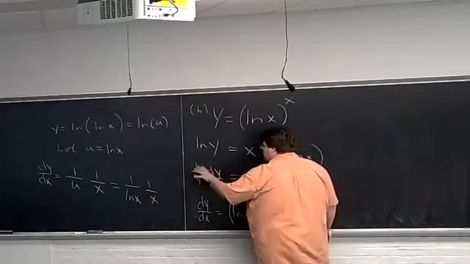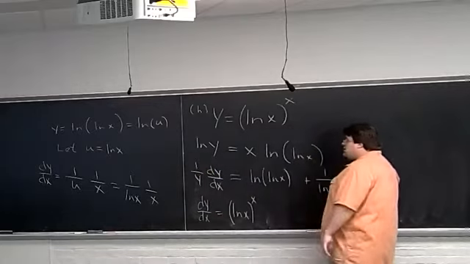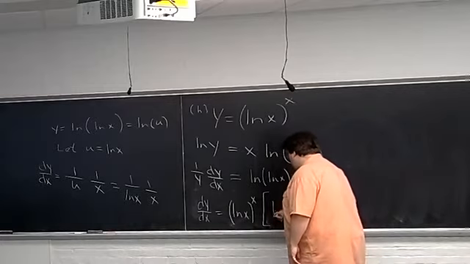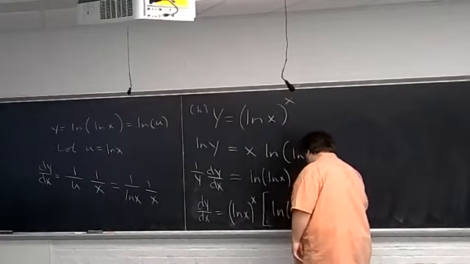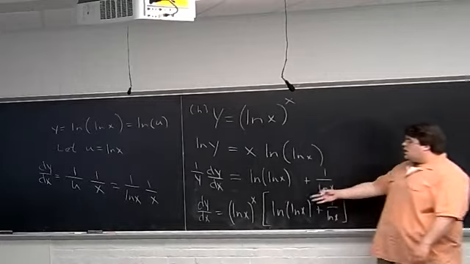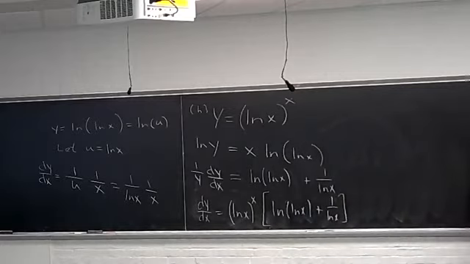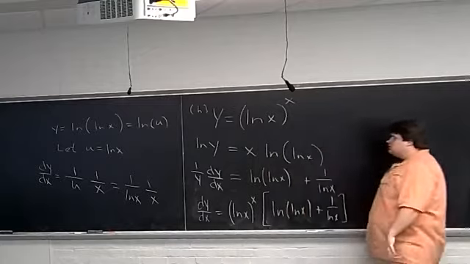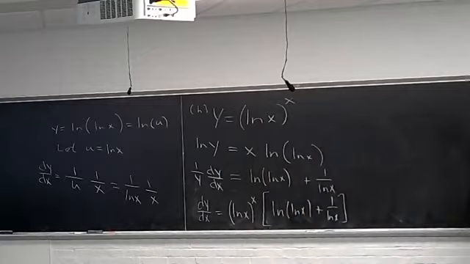Multiply the left side by y, you get dy/dx. Multiply the right side by y, you get y times all of this. And y equals log x to the x. So we get y times all that. We can replace y with this function of x. Any questions about 2h?